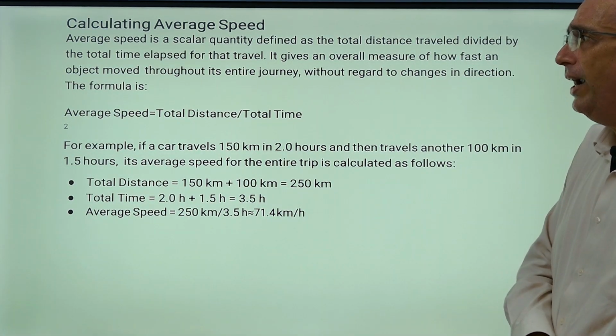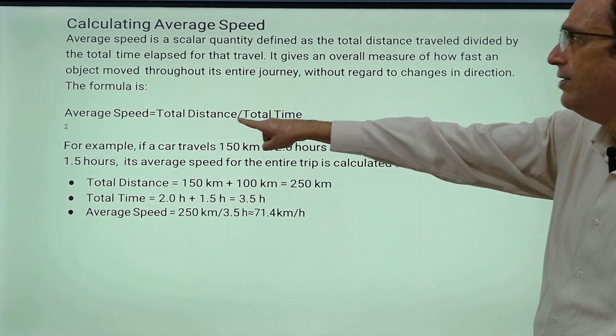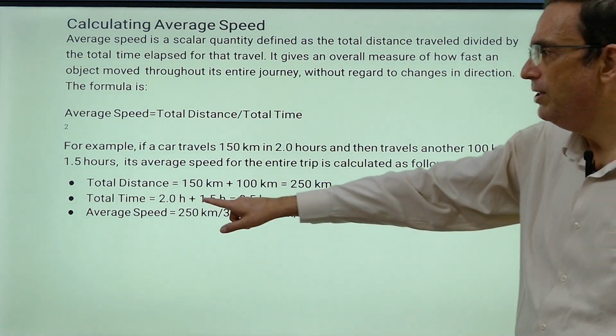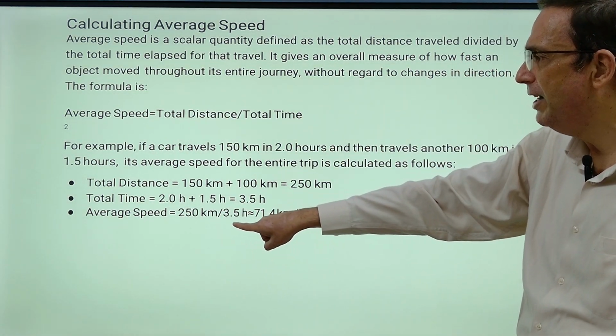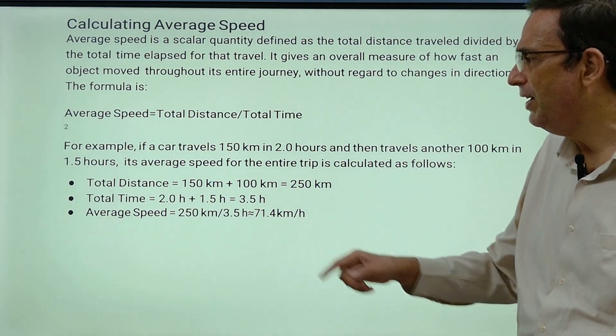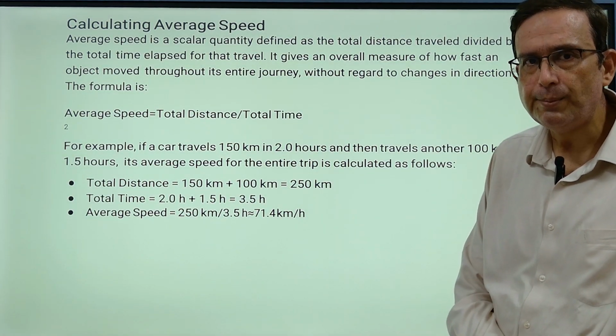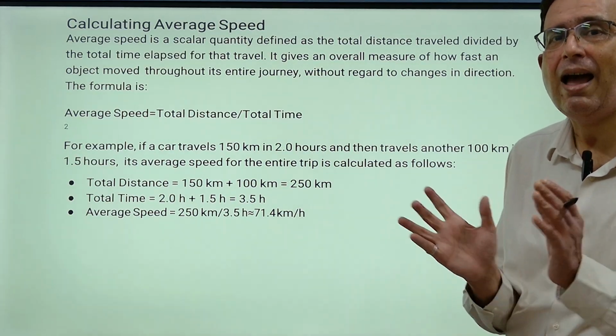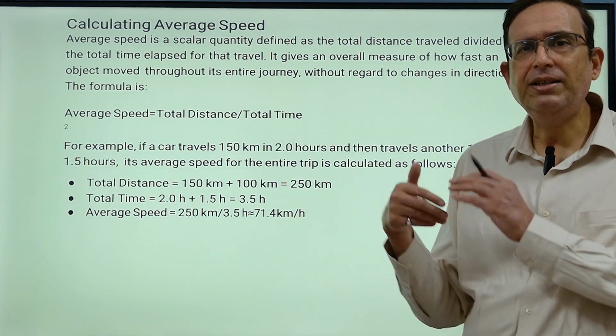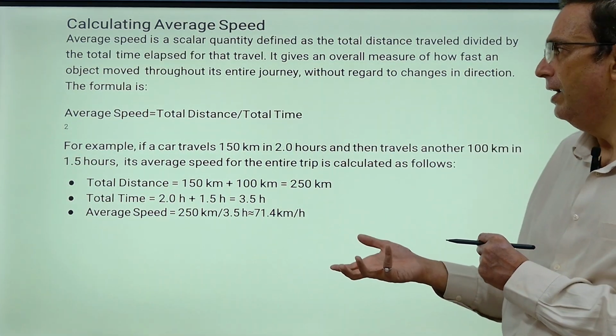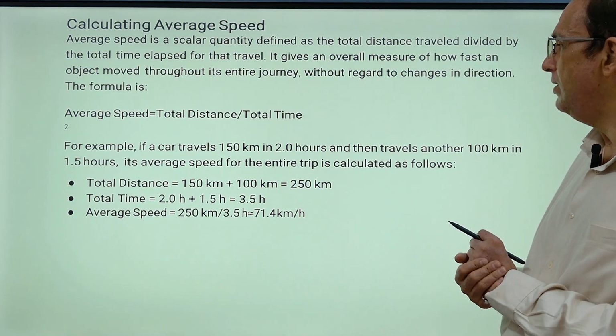Then we can calculate the average speed as the total distance divided by total time, which is 250 kilometers divided by 3.5 hours, which is 71.4 kilometers per hour. So it is basically the average speed of an object. It is moving faster earlier, and then later it is moving slower.